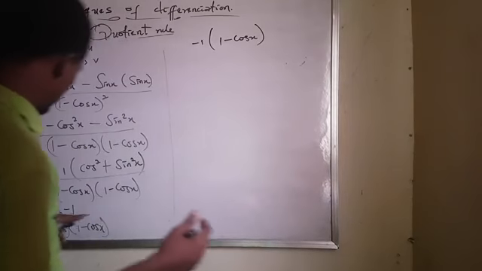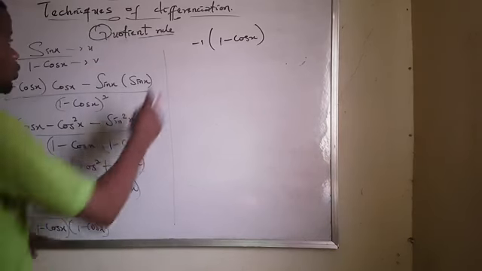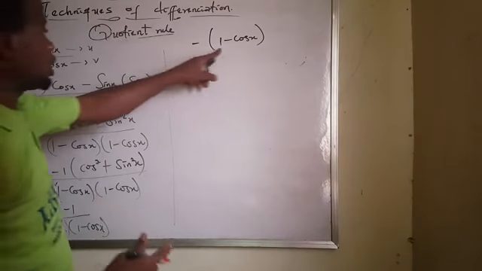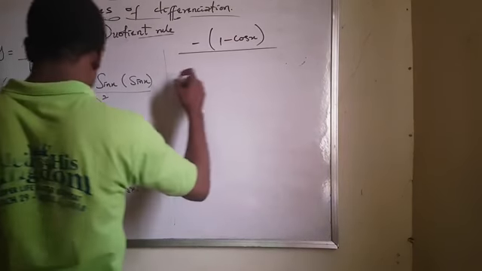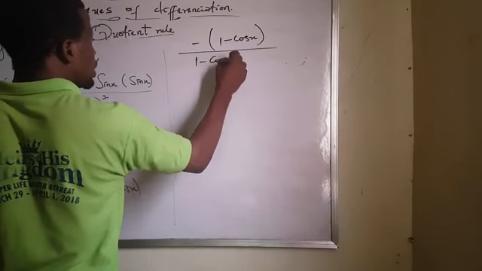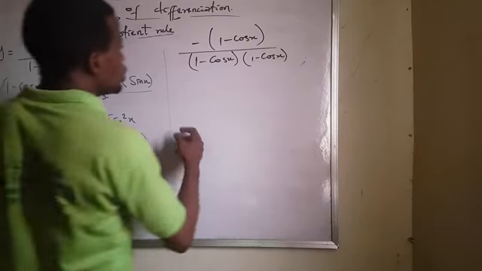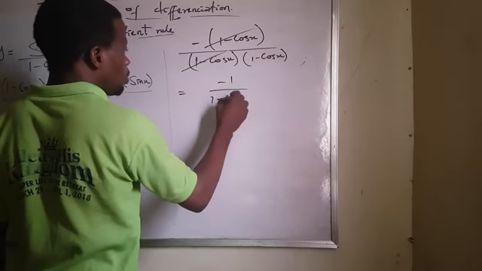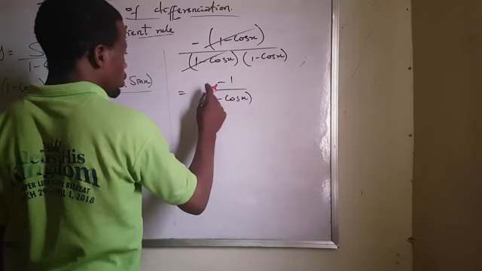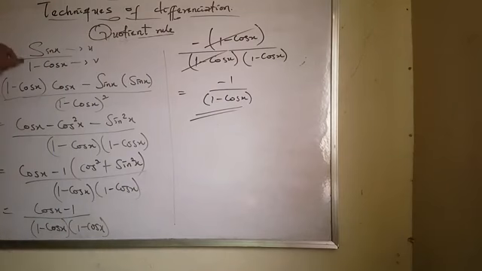Minus 1 times this gives minus this, minus times this gives plus this. Then over 1 minus cos x, 1 minus cos x. You getting me? So this can cancel out this. Your answer is minus 1 over 1 minus cos x. That is the dy/dx of sin x upon 1 minus cos x.